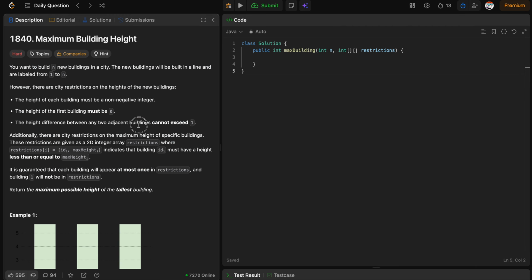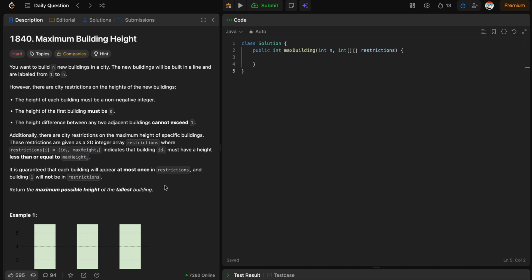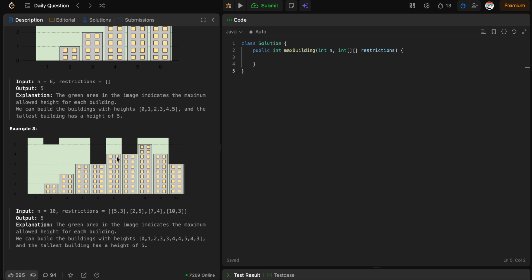To solve this we need to understand three things. First, the height of increasing any building depends not only on the forward side, it also depends on the future restrictions. How? Here you can see, we increase the height as long as we know the limit is not there, and as the limit comes we stop increasing.